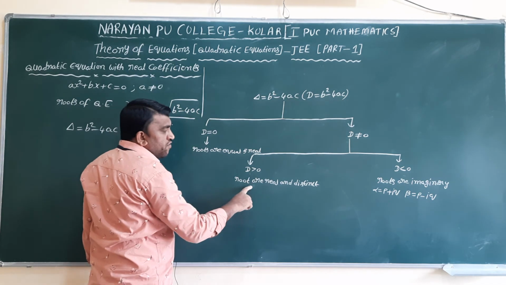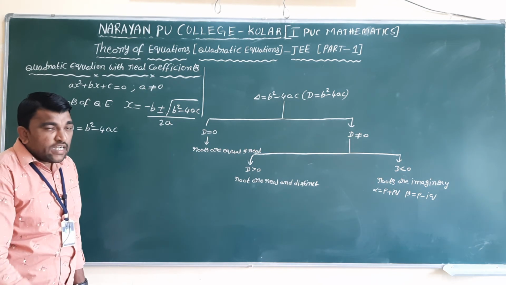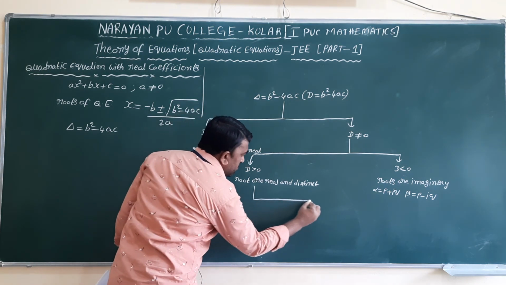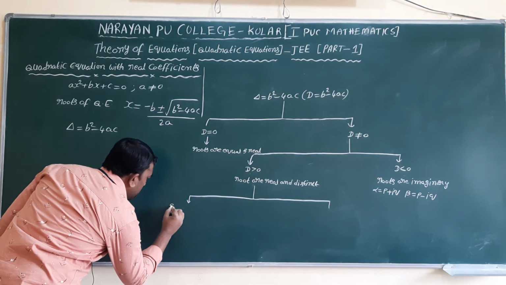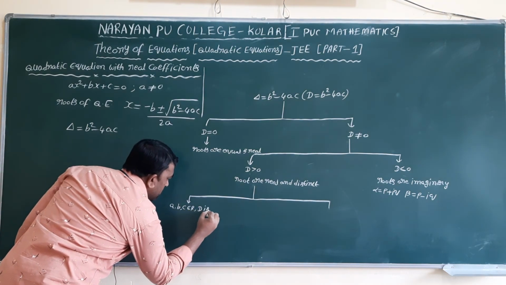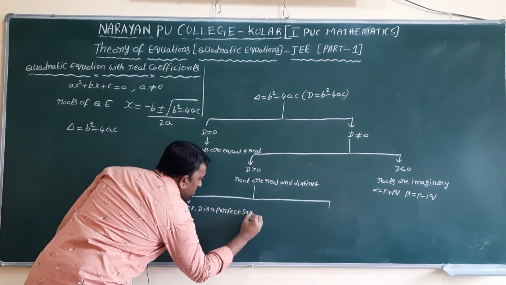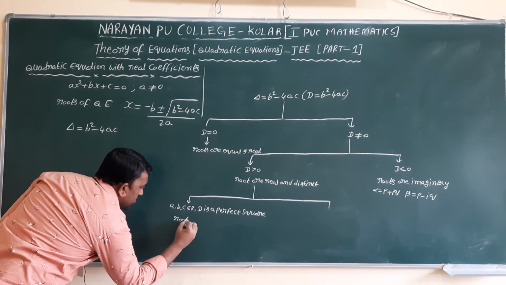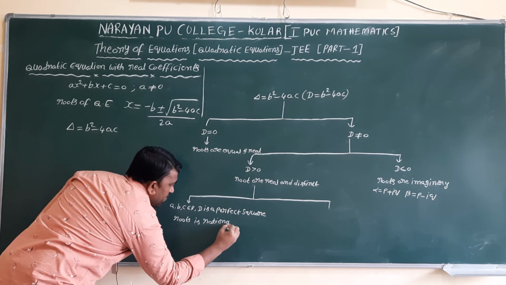Next, if roots are real and distinct, we have two cases. Suppose the discriminant is a perfect square, or the discriminant is not a perfect square, then what is the nature? a, b, c are real numbers and D is a perfect square, then the roots are rational.